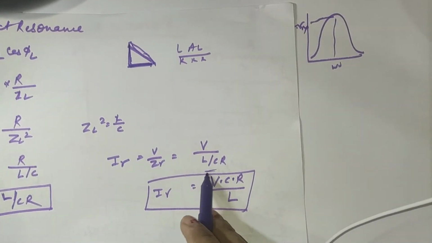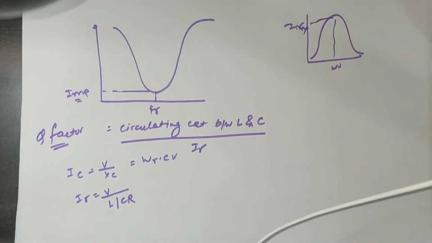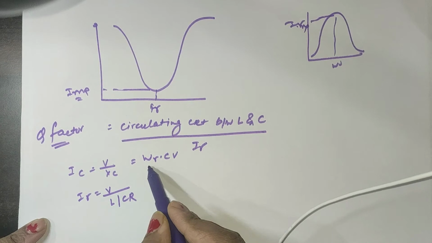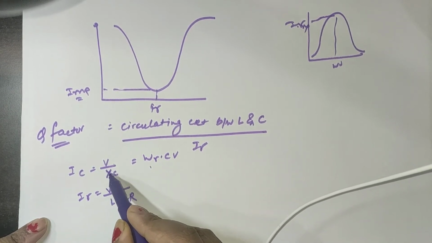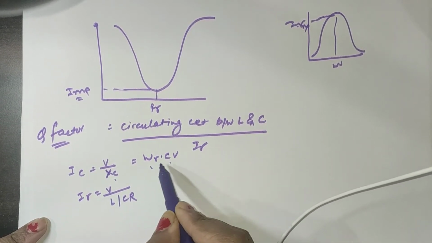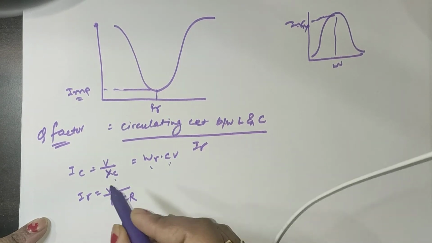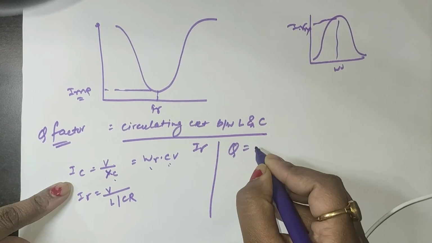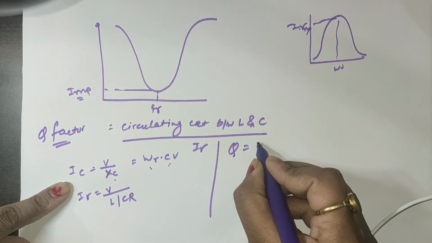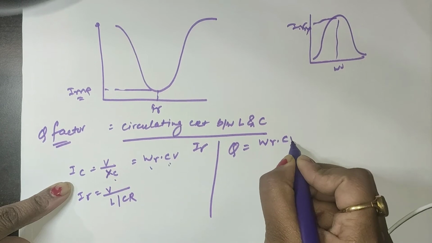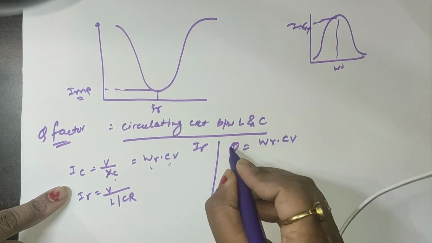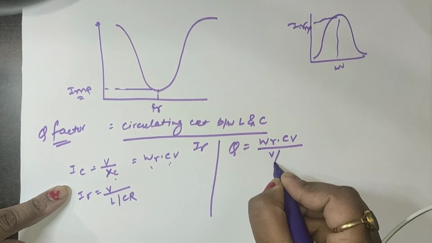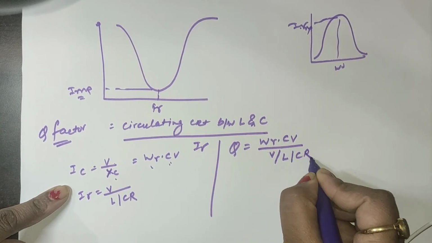Now quality factor Q will be the circulating current, omega R into CV, upon V upon L upon CR.